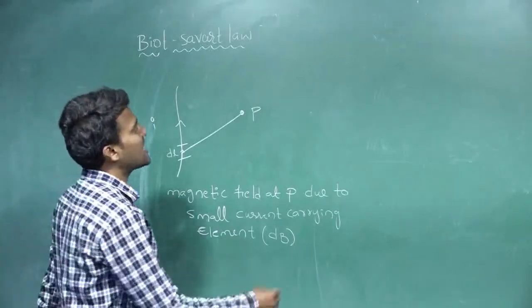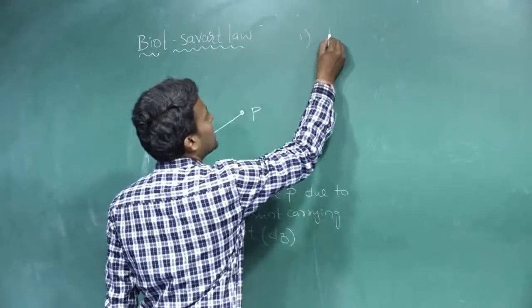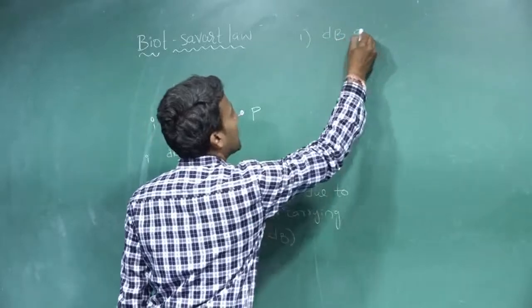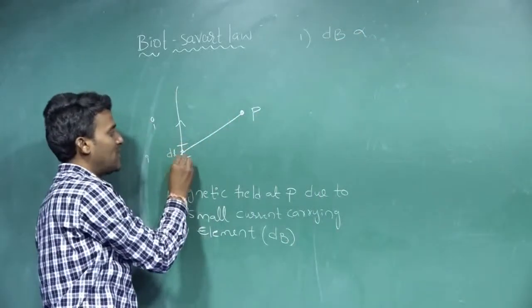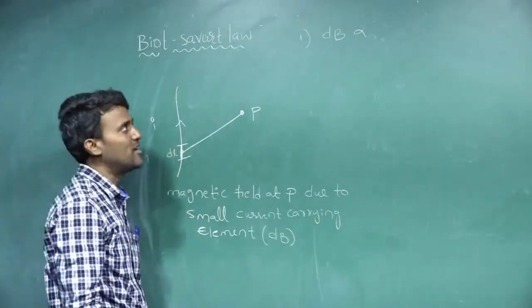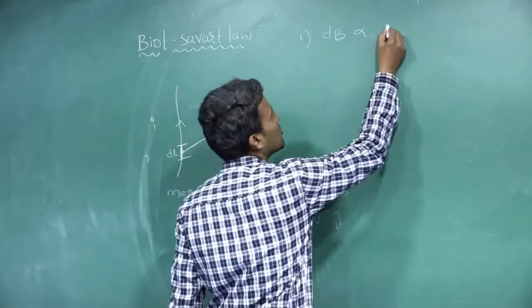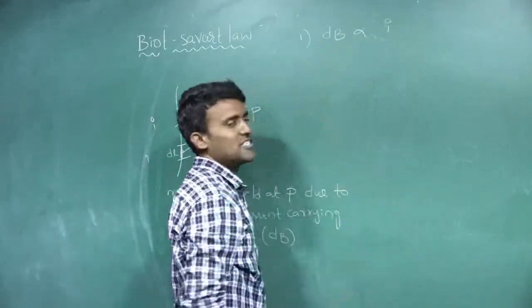This dB, the magnetic field due to the small element, is directly proportional to, first, the current in the element.